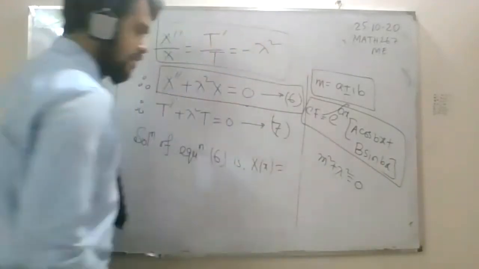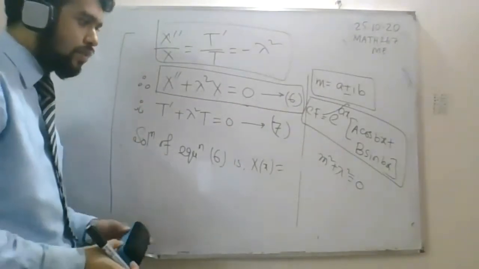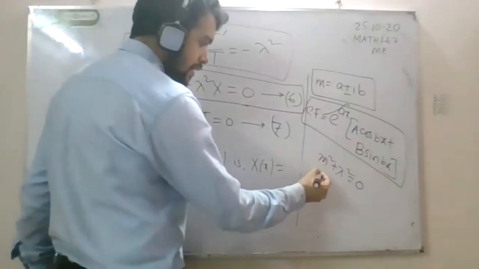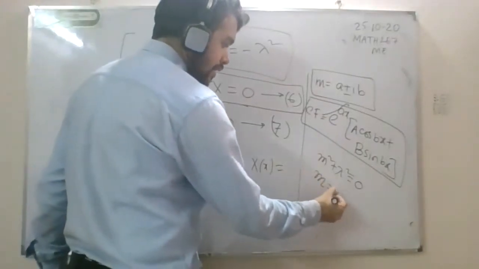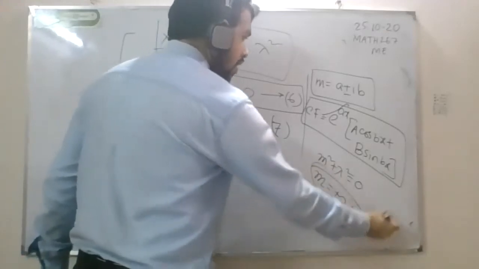Just replace m instead of d. So from here m equals plus minus lambda i. So these are our non-real roots.